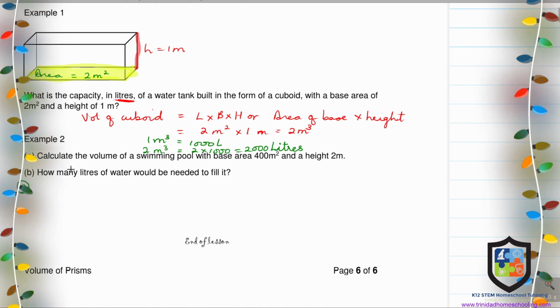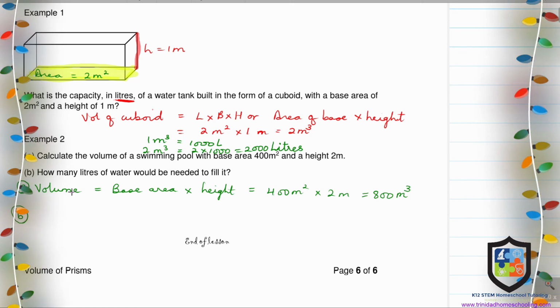They didn't say, but it doesn't matter because we know we're going to find the volume by multiplying the base area by the height. So my base area is 400 meters squared multiplied by 2 meters, which is going to give me 800 meters cubed.